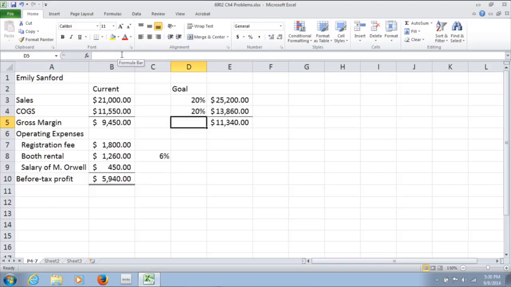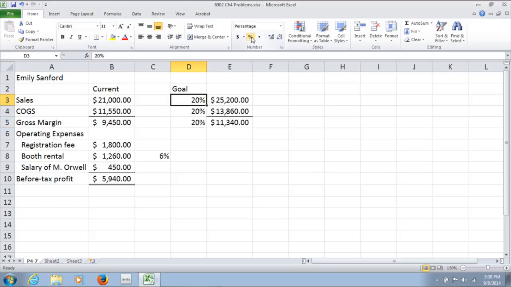Now, as we look at that number, we can see that this 11,340, subtract 9,450, and then divide by 9,450, also is a 20% increase, which is what you would expect to see.